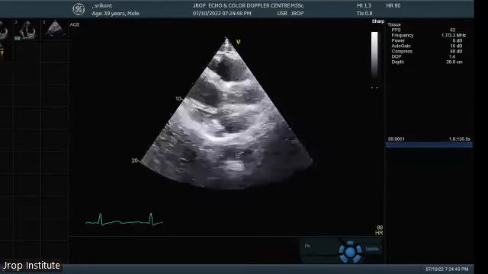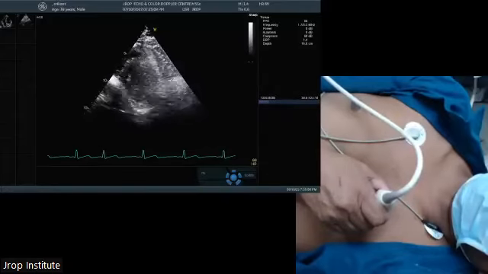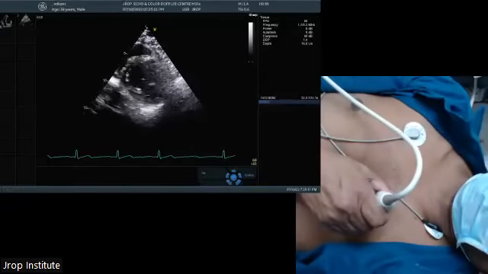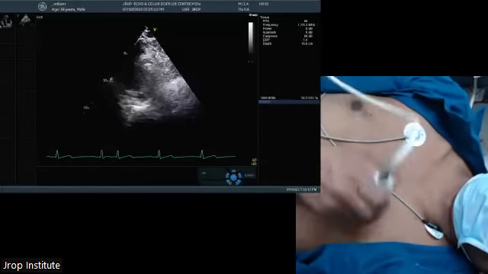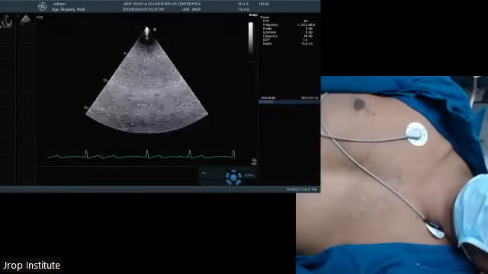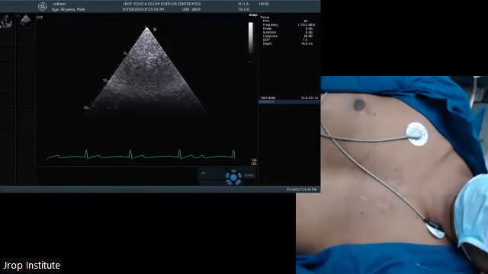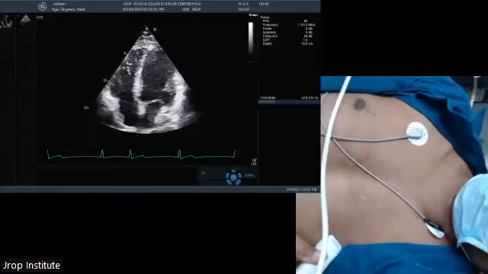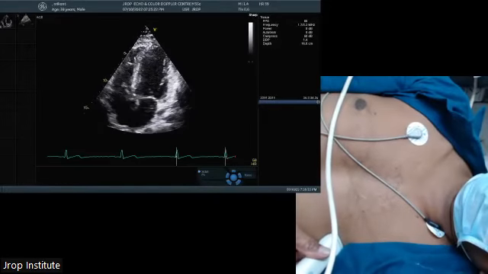Yes, sir. If we could see all three together, one after the other. That will be possible. So where is the mitral valve located?